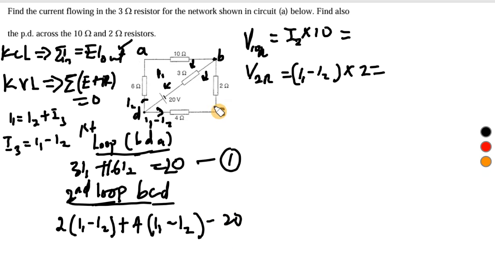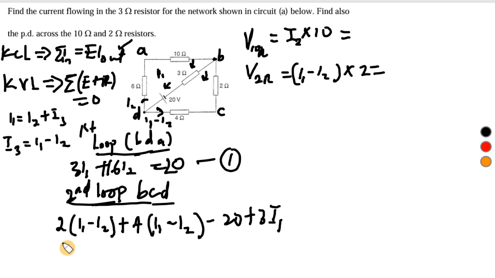Of course, we see the direction of our movement now, and this is against the direction of the flow of current here, if you can notice. So this will be positive 3I1.